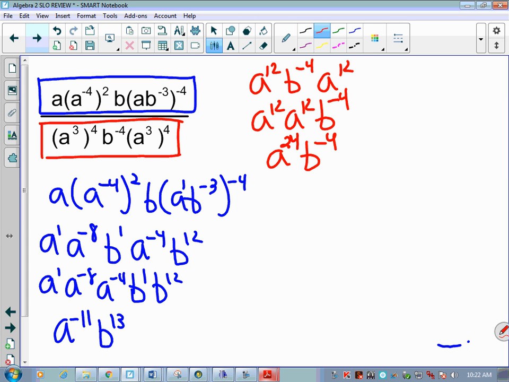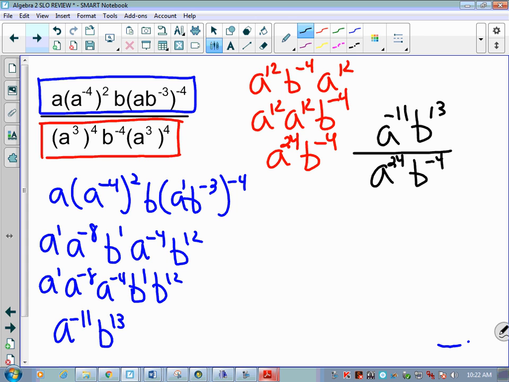Now I'm going to take my numerator and put it in the numerator. So I have a to the negative 11th, b to the 13th, over a to the 24th, b to the negative fourth. Does my answer have to all be in the numerator, or do I want it to have all positive exponents?